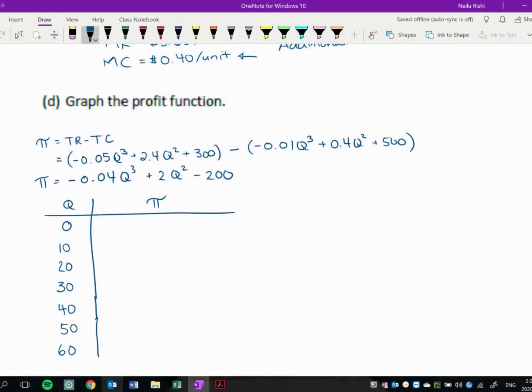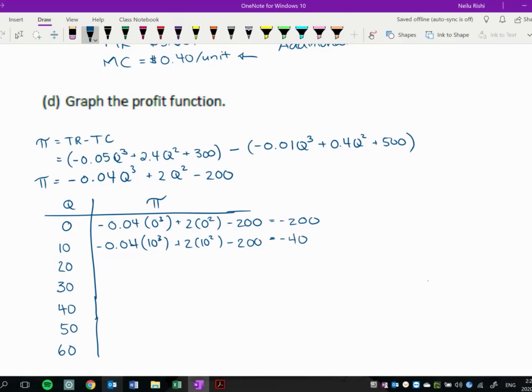Let's calculate the profit values. I'm just going to substitute these Q values into the profit equation. For 0, I have negative 0.04 times 0 cubed plus 2 times 0 squared minus 200. This gives me negative 200. For 10, I substitute negative 0.04 times 10 cubed plus 2 times 10 squared minus 200, and I get negative 40.